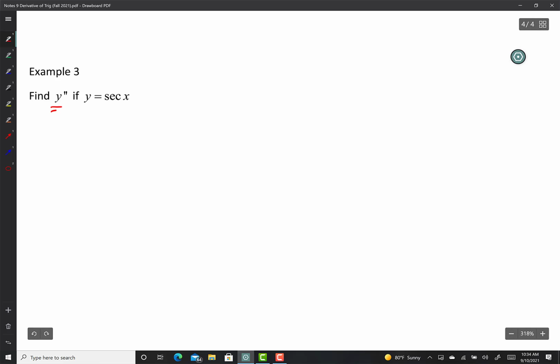What do they want me to find? The second derivative. So here we go. First, find my first derivative. Y prime is equal to, what's the derivative of secant x? Secant x tan x. Now, I'm going to find a second derivative because that's what they told me to do. What rule am I going to have to use?